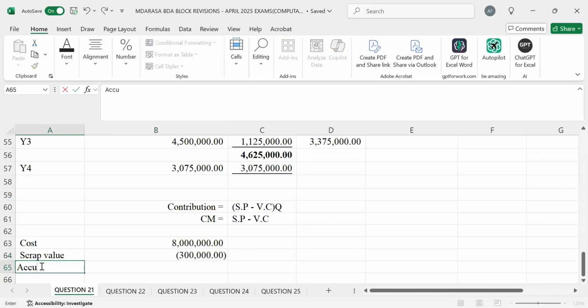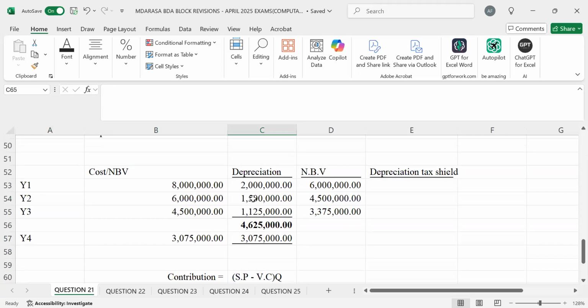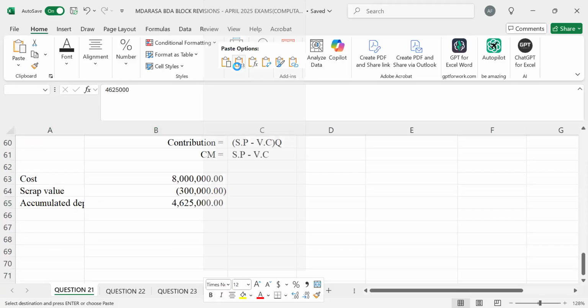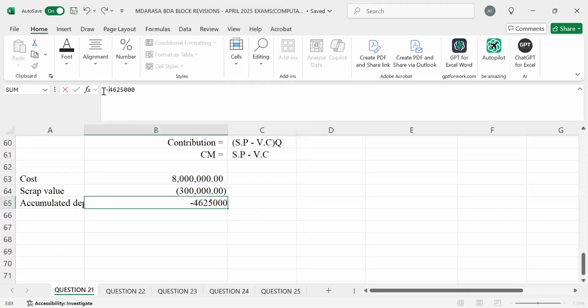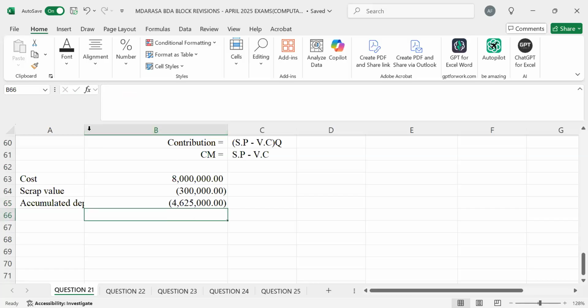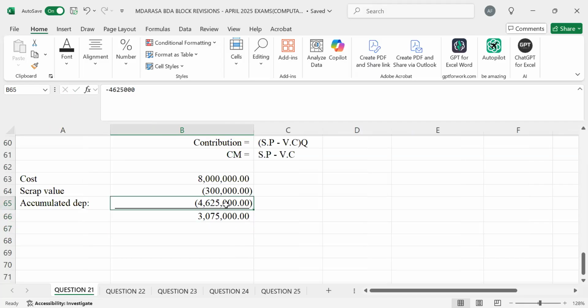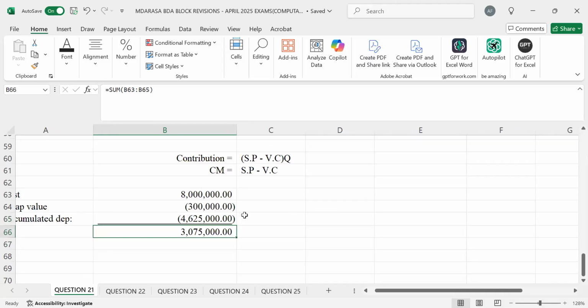Accumulated depreciation of this machine is the depreciation that we've counted up to year 3, which you've seen is 46.25. So the value of this machine that we have remained with in year 4 is how much? 30.75.